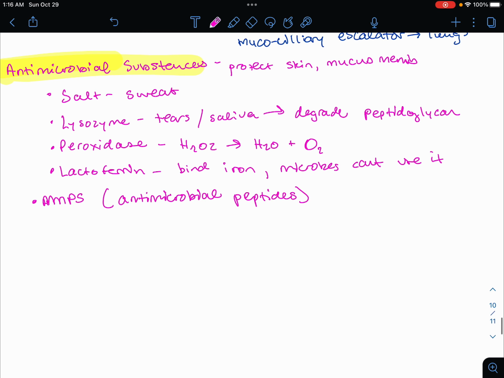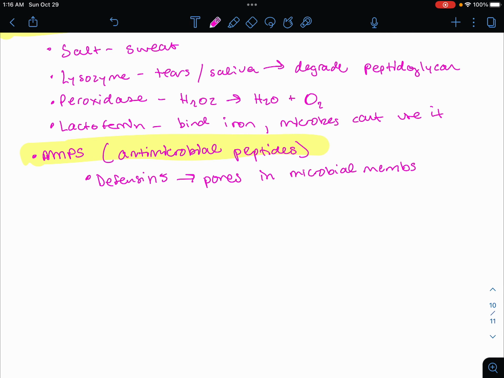So these are going to be proteins such as defensins, which are going to make pores in the microbial membrane. We could just highlight AMPs there to remember it later.